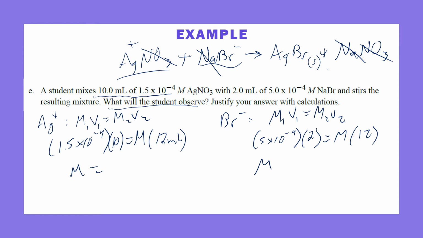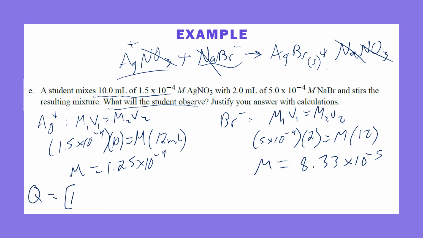And for the silver, I get 1.25 times 10 to the negative 4th, and for the bromide, I get 8.33 times 10 to the negative 5. So now I can plug those two values into a Q expression.